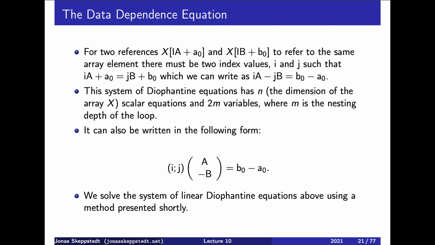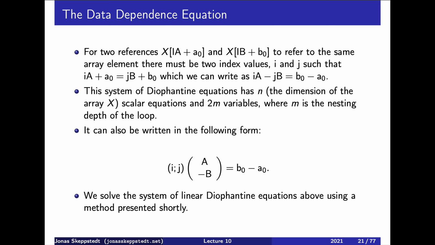And in other words, that means that some loop index variables times the matrix plus this vector are equal to some other loop index variables, in the same loop obviously, times this matrix plus this vector. If there is an integer solution to this, then there is possibly a data dependence.